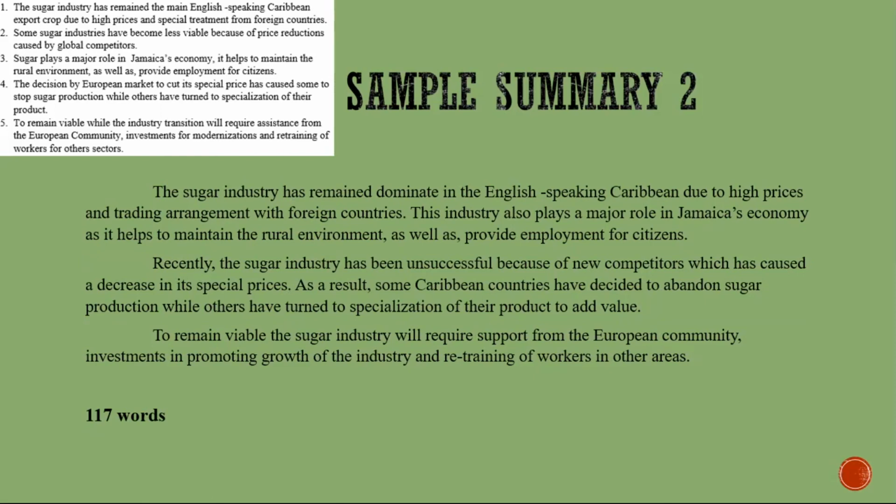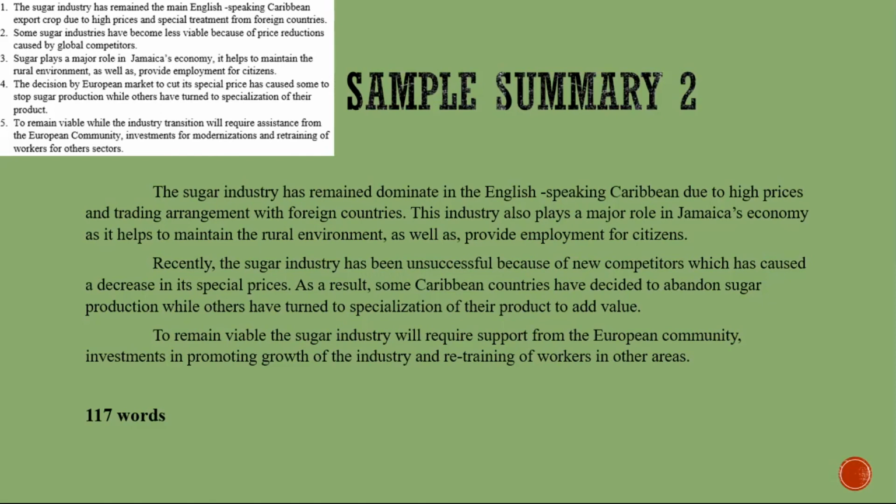The second summary reads: The sugar industry has remained dominant in the English-speaking Caribbean due to high prices and trading agreements with foreign countries. This industry also plays a major role in Jamaica's economy as it helps to maintain the rural environment as well as provide employment for citizens. Recently, the sugar industry has been unsuccessful because of new competitors, which has caused a decrease in its special prices.